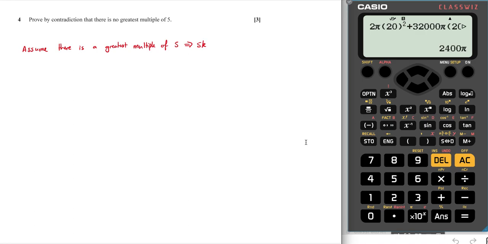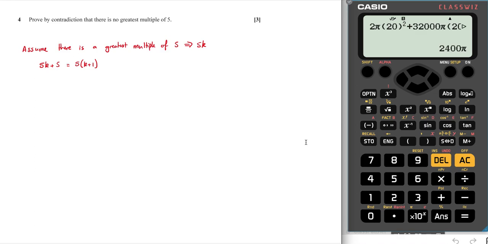And we are going to call that 5k. Then I'm going to do 5k plus 5, which is equal to 5 lots of k plus 1. Now, what can we say about this?